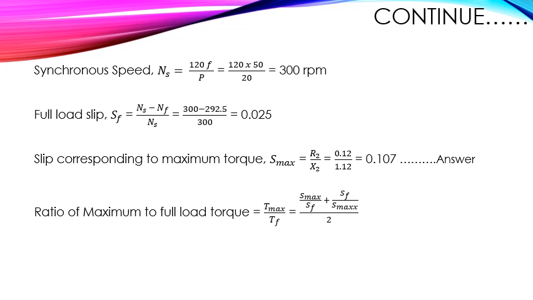Then we have to find the ratio of maximum to full load torque. So put the maximum slip and full load slip. Then we get the ratio of maximum to full load torque, that is 2.256. This is the answer.